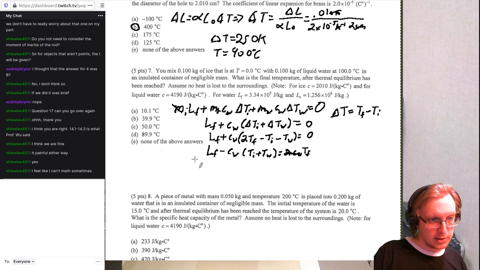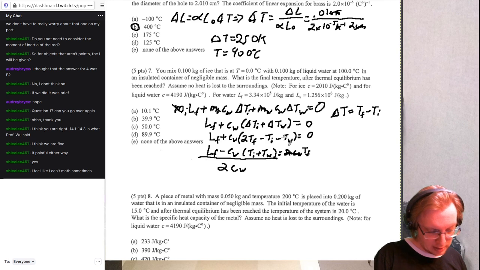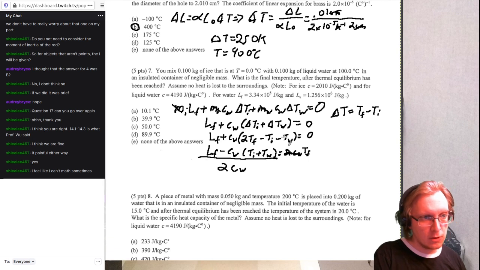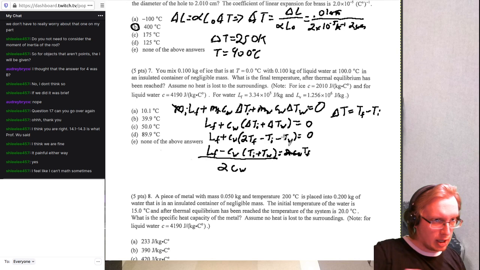Divide that back to this side, 2 CW. I think that is what I got the first time. Is it not? What am I doing wrong here? That is not good.